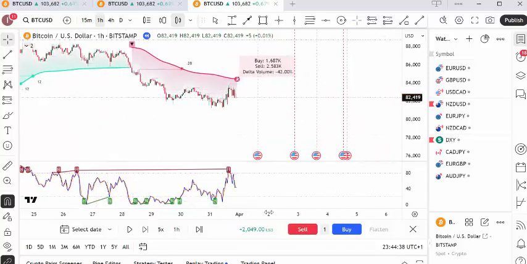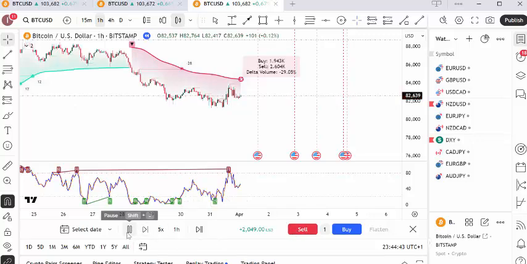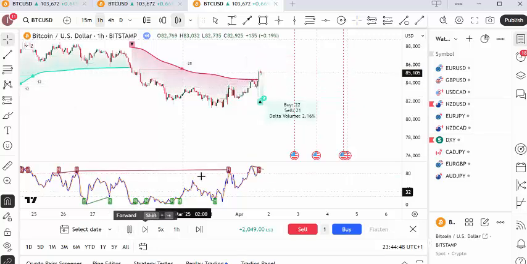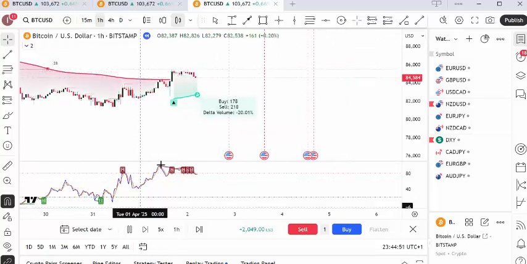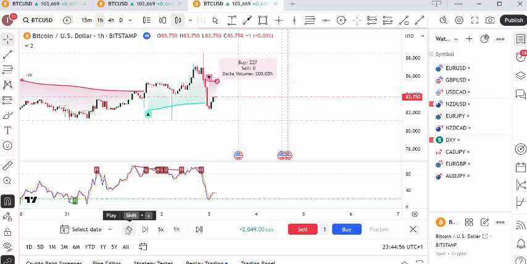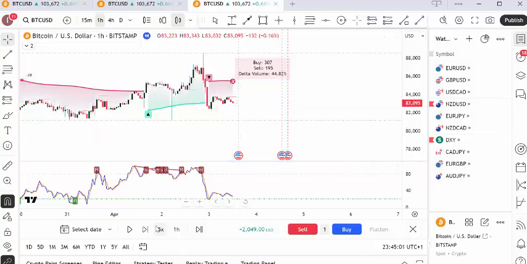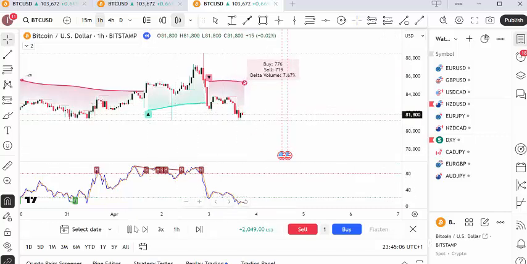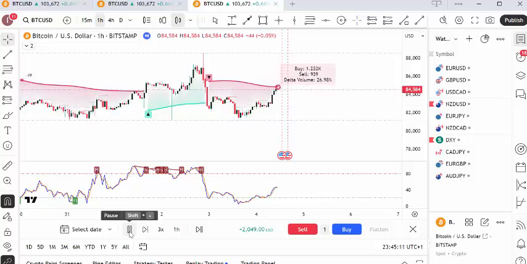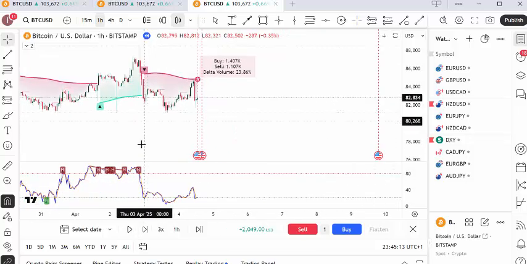Bearish. Okay, good. Oh my God, missed it. Nothing. What's the date? 30. Let me slow it down a little bit. No bearish divergence.